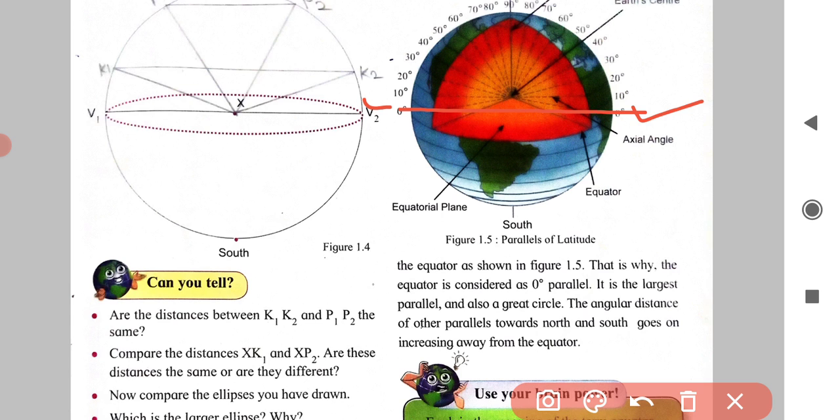Now it is the largest parallel and also a great circle. The angular distance of other parallels towards north and south goes on increasing away from the equator.